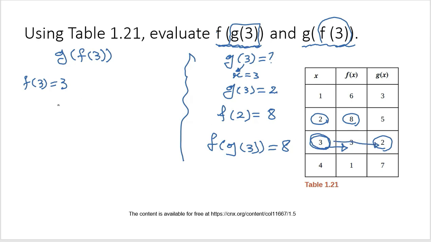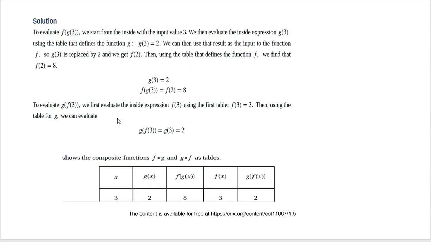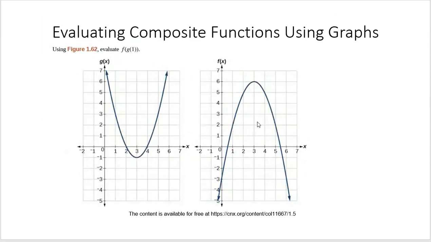It is 2. So g of f of 3 is equal to 2. Here is the solution, and in the next section we learn how to evaluate composite functions using graphs.